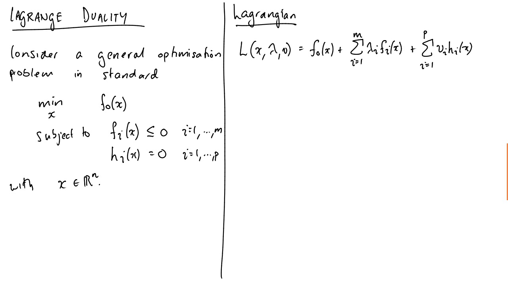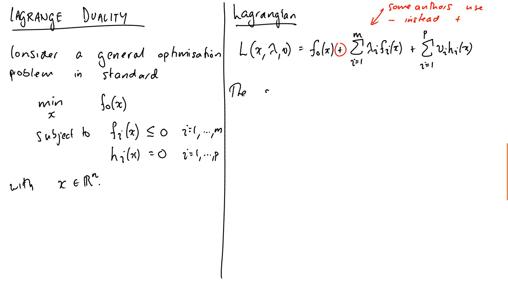Now one thing to note, just briefly, if you get any book on optimization out, some authors use minus instead of plus here. Okay, the problem's the same, but the convention is different. We're going to use plus because I just think it works a bit nicer, and it seems to be more standard these days.